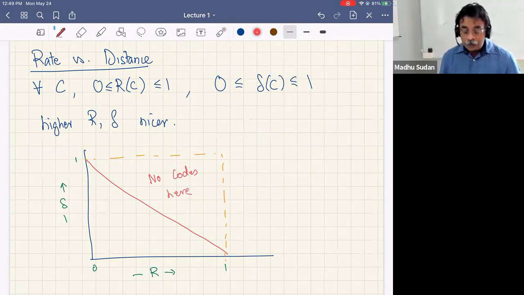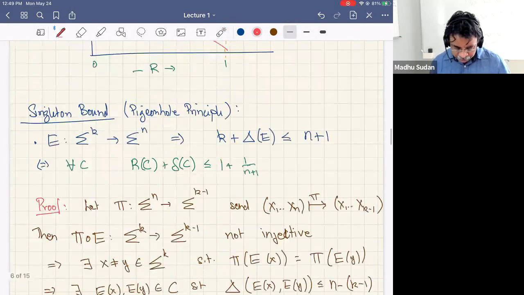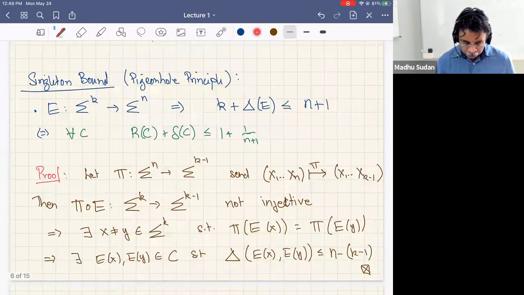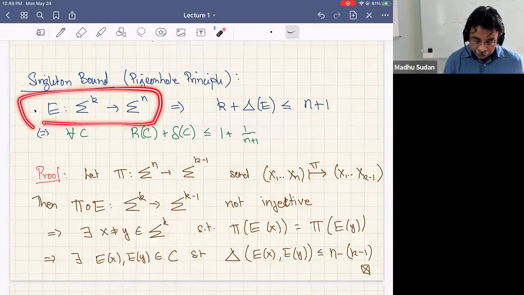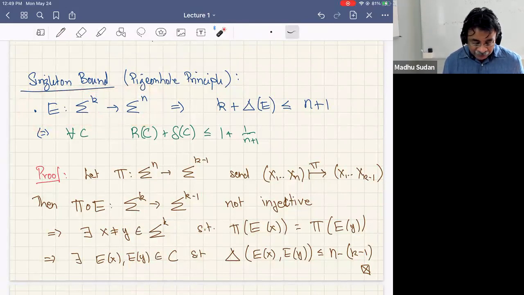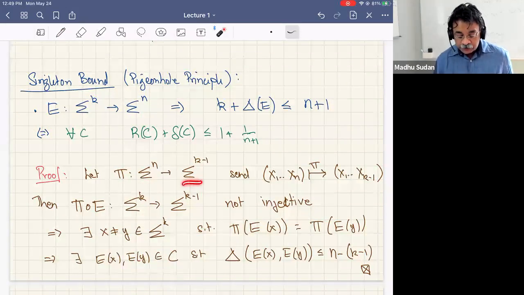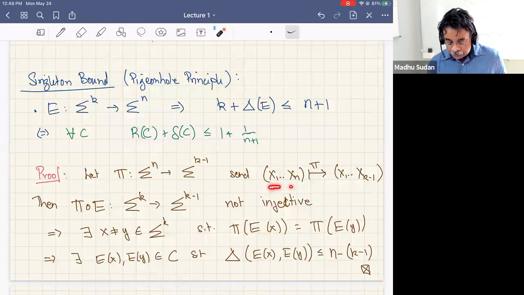Okay, so let's see how we prove this. It's very, very, very simple. So suppose you give me a code, E maps k symbols to n symbols. Let me project every n letter sequence to the first k minus 1 coordinates. So just take any sequence you give me, x1 to xn. Let me just send this projection, x1 to x(k-1).